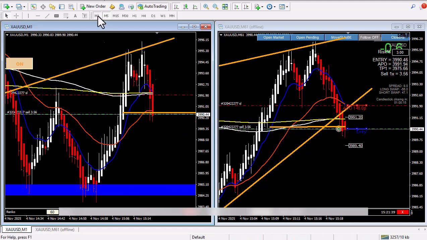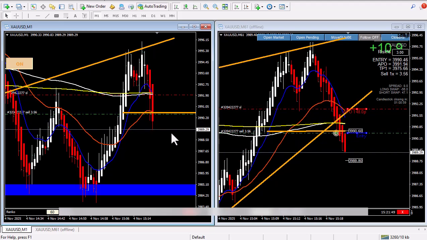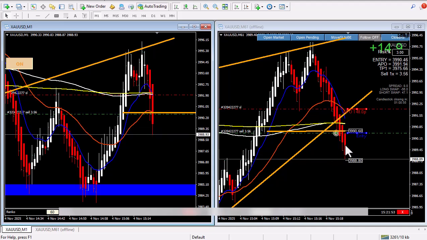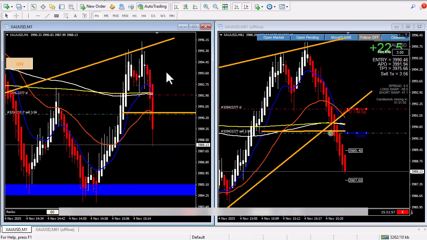Like in this case, you can see we are on the M60 brick frame, where a new candle forms when the price moves 6 pips above or below.